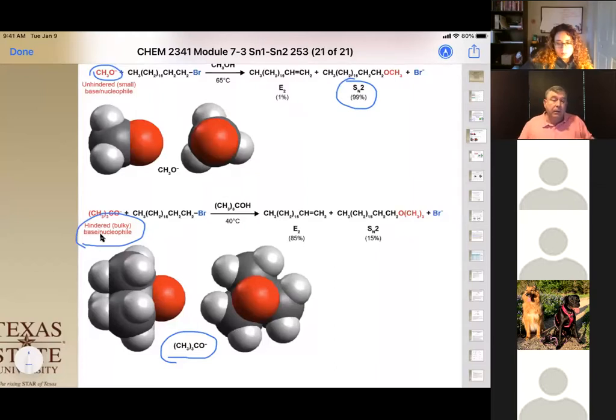The bigger the anion, the bigger the molecule, the less nucleophilic it is, okay? So it's going to favor the elimination product because it's going to act more like a base and less like a nucleophile. But we do have a little bit of the SN2 as our minor product because we have a primary alkyl halide. If we had a secondary alkyl halide, this would drop almost to 0.